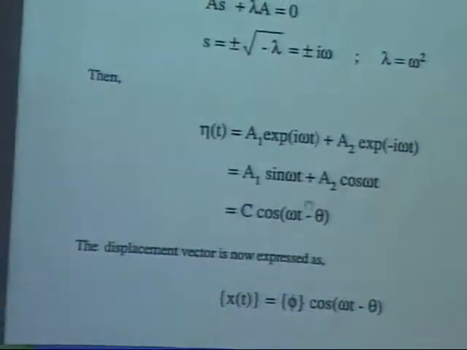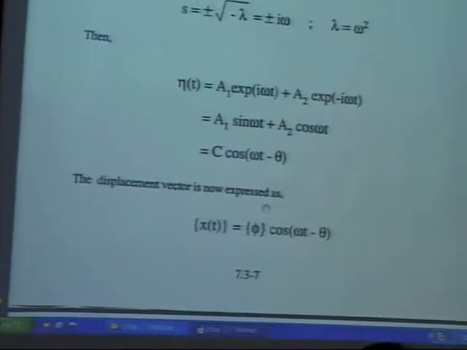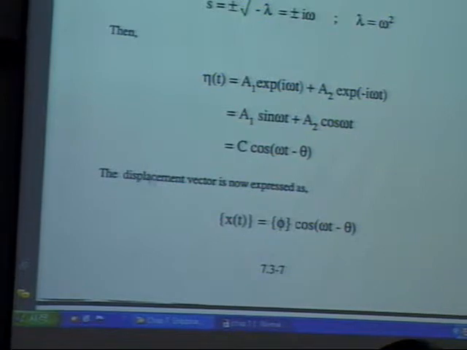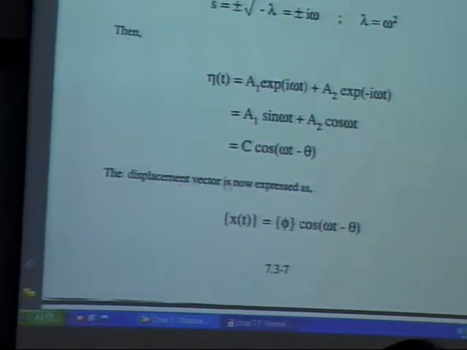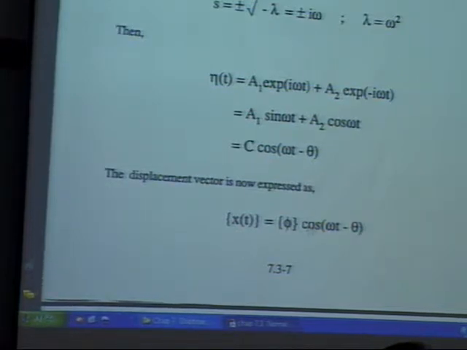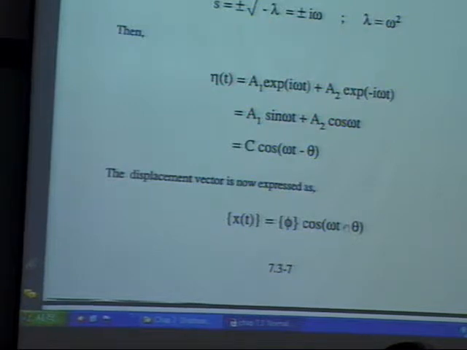So that's the general expression. For the displacement vector, I can write in general x is equal to phi, which is the eigenvector, times cosine omega t minus theta.